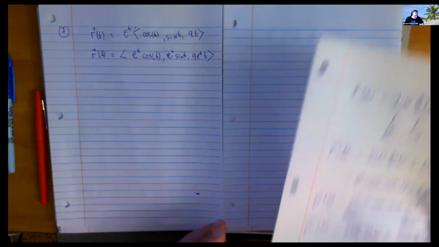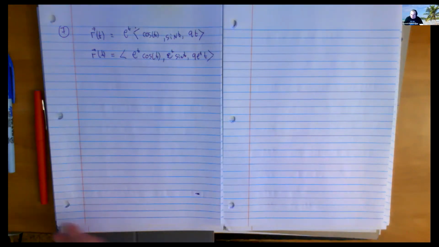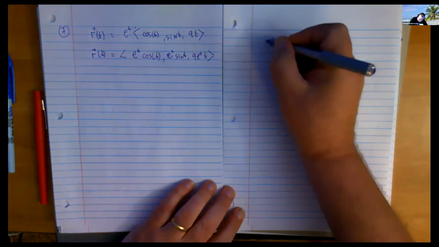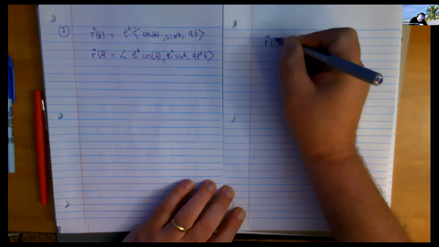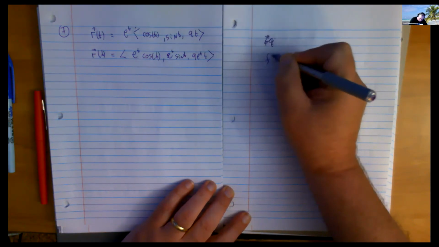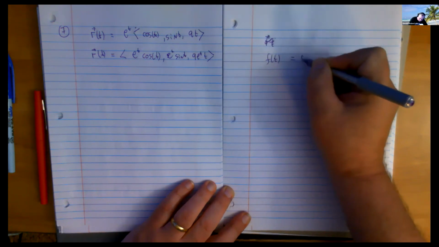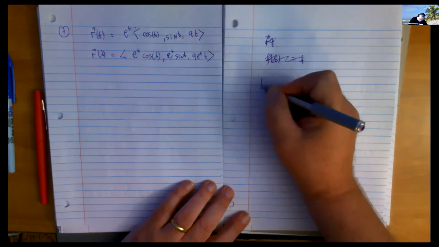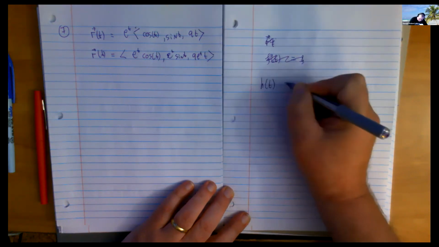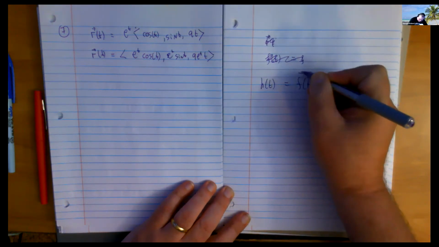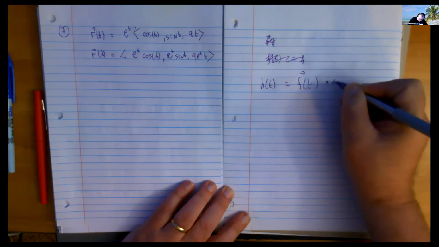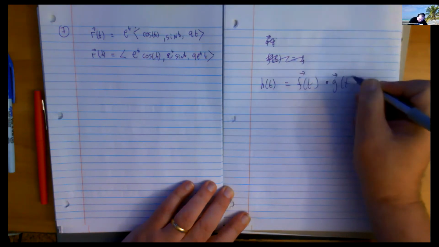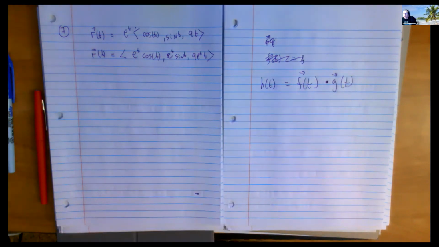Well, while we're at that, there are none of these questions that I can see anywhere, but let's just pretend that I had a function, I'll call it h of t, got to pick some letters here that I haven't used, and it is a scalar function.